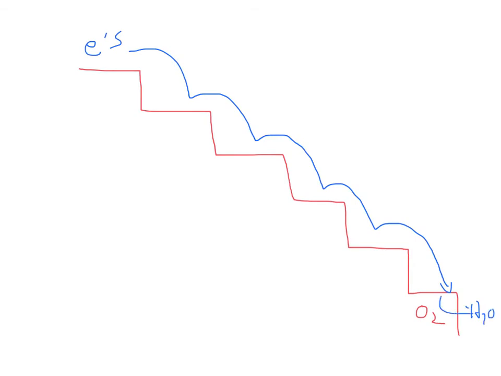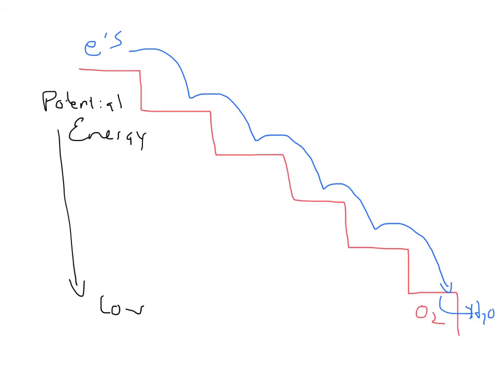Now, what we're talking about is the potential energy, and it decreases, and this is of the electrons. So the energy goes high to low.